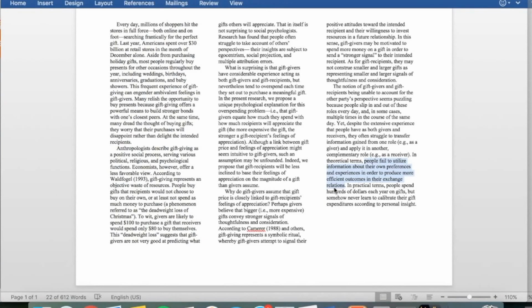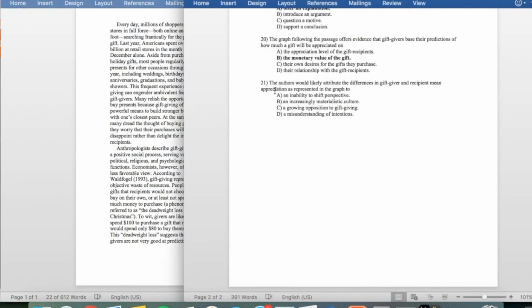So that's something that I picked out that kind of leads us to the conclusion that this is because of an inability to shift perspective. In other words, gift givers don't think about when they're receiving a gift, when they're giving it, and that's why there's that disparity.